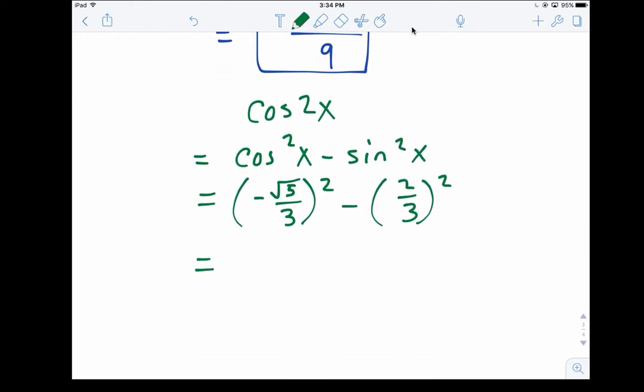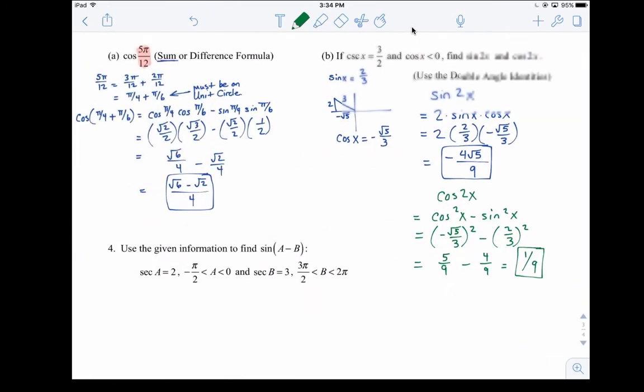So when I square negative root 5 over 3, that's going to give me 5 over 9, and then minus 4 over 9. So your final answer would be 1/9. Again, you guys are gonna get a bunch of the identities and stuff like that on the test. So you should be pretty set for that.